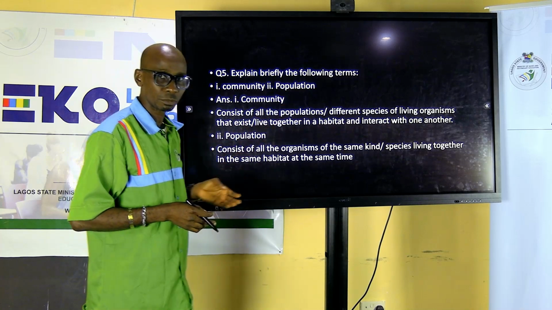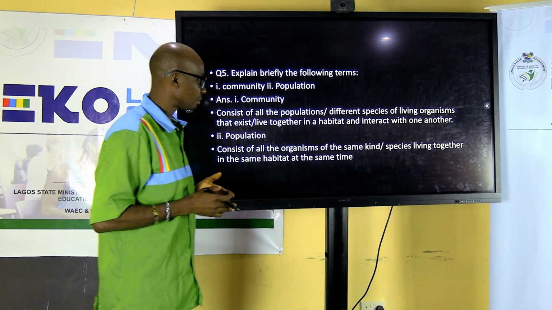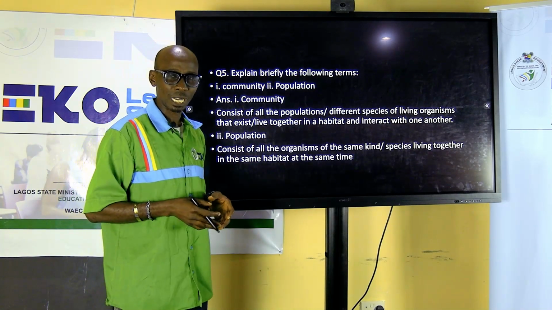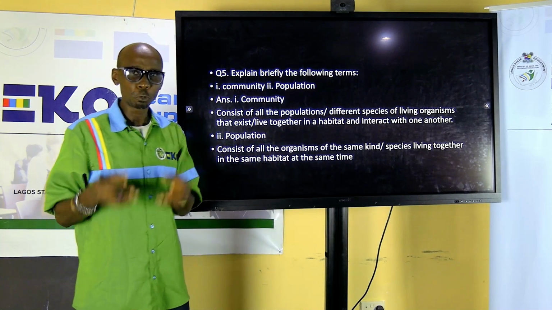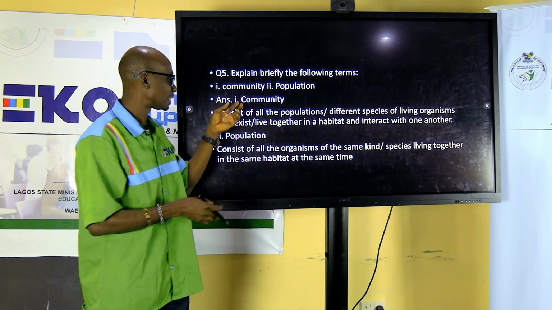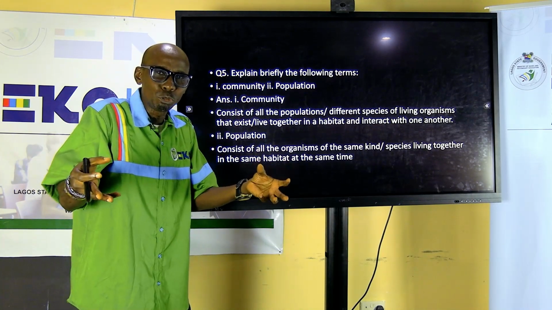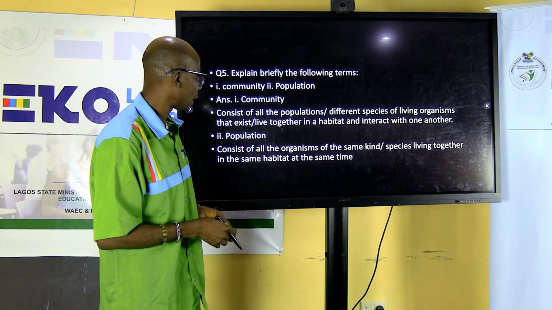They live together in the same area and interact together. An Igbo man goes to the market and buys from a Hausa man. A Yoruba man goes to the market and buys from an Igbo man or a Hausa man. This is a community.